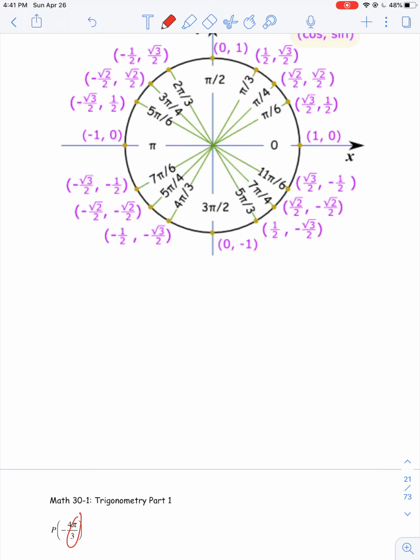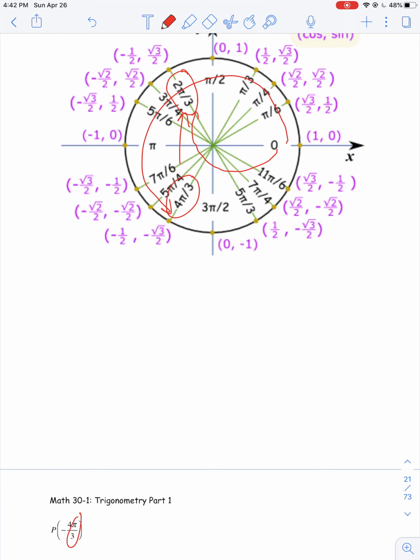So when we're talking about 4 pi over 3, we just have to kind of flip the graph over. Normally, 4 pi over 3 is here, but they want the reflection of it. So the reflection of it would land you right here, guys, where the graph would be going around and then end up there, okay?